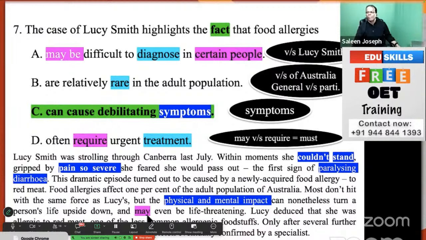It says may even be life-threatening, may need treatment, whereas option C says "often require urgent treatment," which means must require urgent treatment. You must treat them urgently. So "may" versus "require" means must. Opinion as well as mandatory statement.